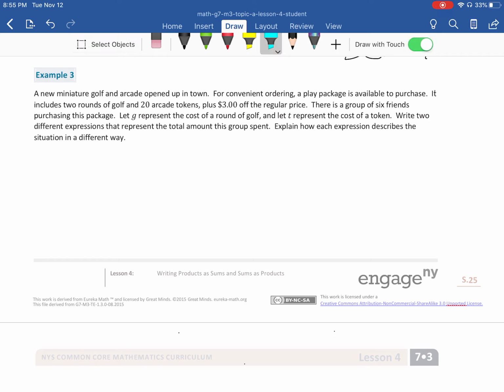First, what are we trying to figure out? We're trying to get 2 different expressions that represent the total amount the group spent. So what did we spend our money on? 2 rounds of golf, 20 arcade tokens, $3 off. And the other important fact is that there is a group of 6.